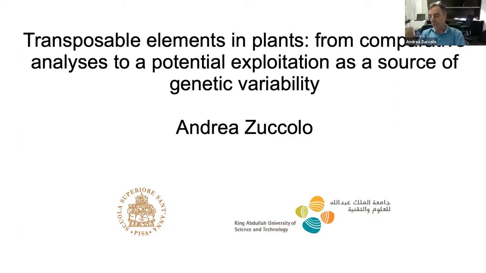Today, I would like to talk about the transposable elements in plants. My focus usually is plant comparative genomics, and so I will undertake a comparative approach to this important component of the genomes.